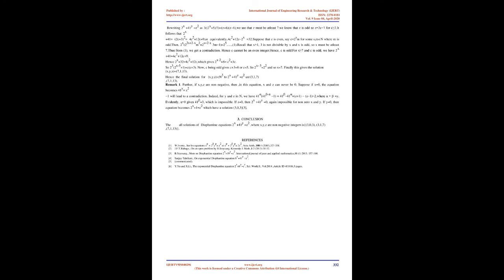Evidently, a = 0 gives 41 = 3, which is impossible. If z = 0, then 2^x + 41^y = 0, again impossible for non-zero x and y. If y = 0, then the equation becomes 2^x + 1 = z^2, which has the solution (3, 0, 3).